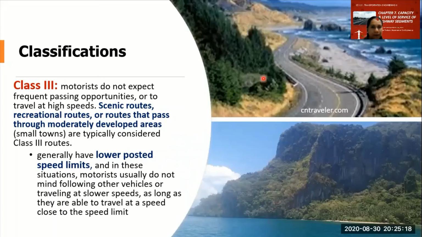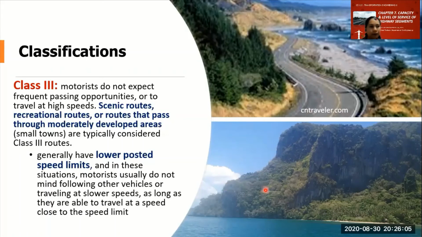Another example of this is if you have seen Ilocos, Pagudpud, there is a highway there similar to this. Another example is when you go to El Nido from Puerto Princesa, Palawan, you can see a highway that's similar to this. You can see the seaside and you want to look at the nice scenery, so you have to slow down.